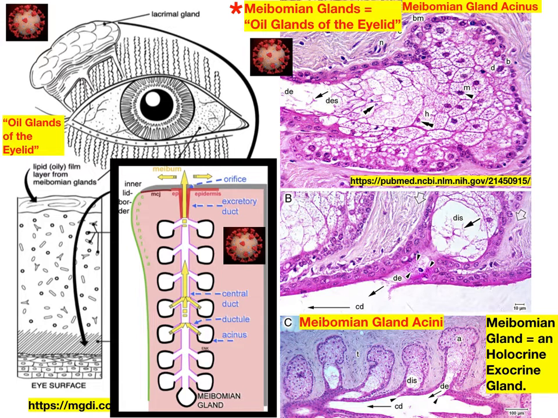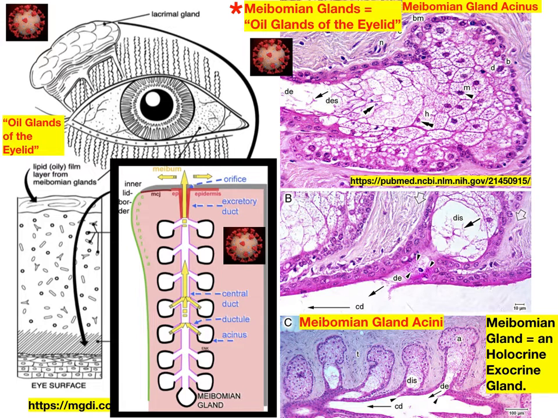Once epithelial cells near the orifice of a meibomian gland become infected, the infection could spread from cell to cell along the collecting duct into ductules which connect to acini. And these acini could then transmit the infection to the surrounding parenchyma, which lies to the outside of the secretory epithelium.